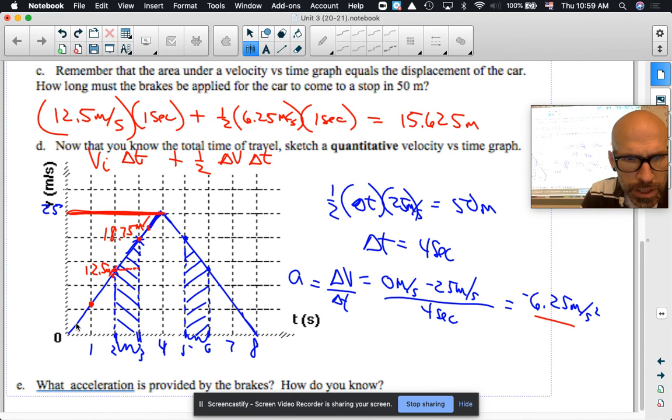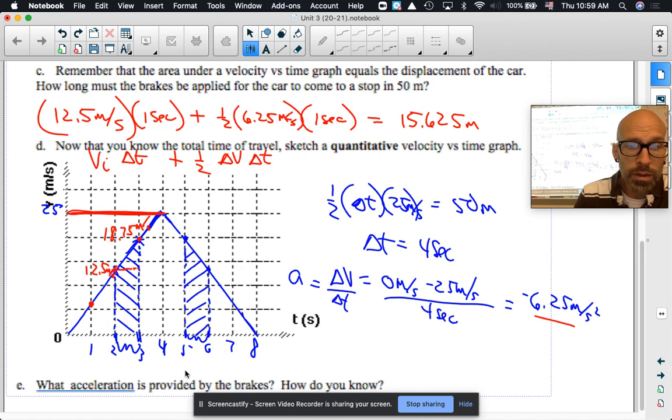This is a separate conversation that I'll probably have in another video. So pay no attention to that. This was constant 25, and then it goes down toward the 0, and it took 4 seconds to do it, and the area under this curve is indeed 50 meters. Half of this big rectangle here, half of that would be the 50 over here.